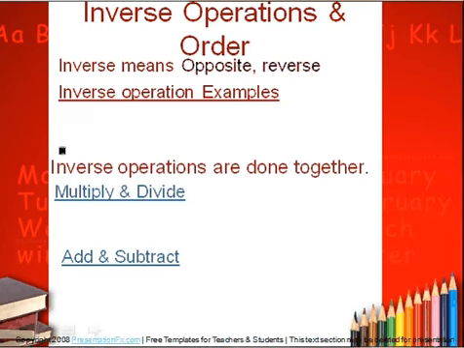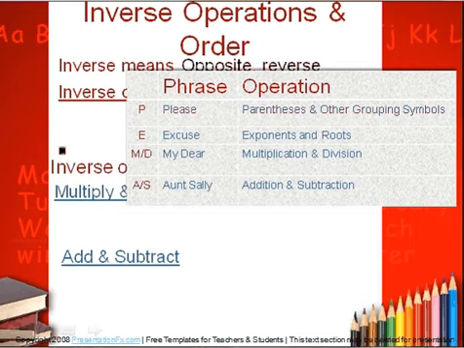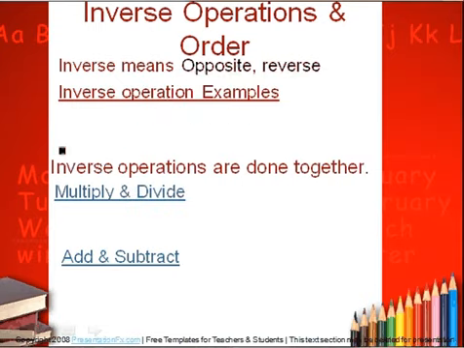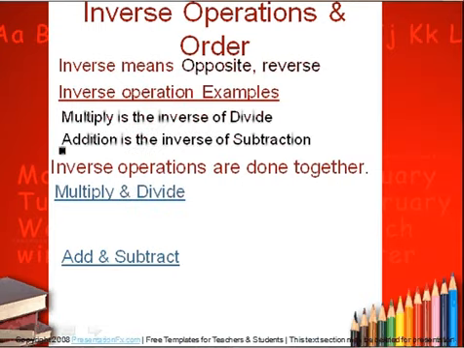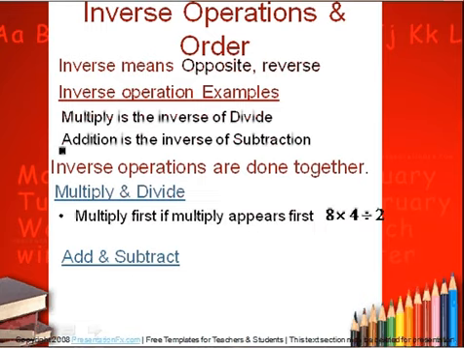An inverse operation is just an opposite operation. So inverse means opposite or reverse. So you can see here just by the chart how it's grouped, which ones might be inverse with each other. Multiply is the inverse of divide. Addition is the inverse of subtraction. And like I said before, inverse operations are done together.